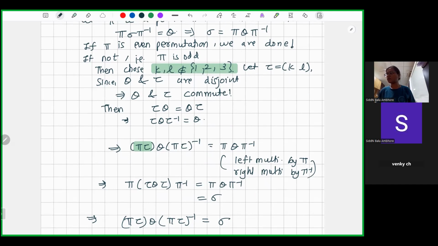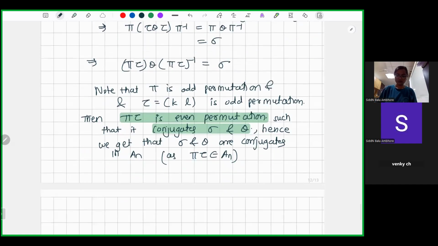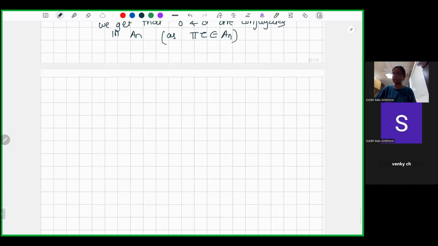If not, then I will just state this theorem here, and you can try to prove it.